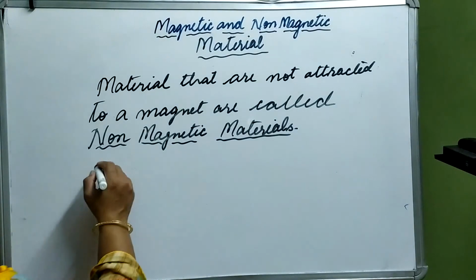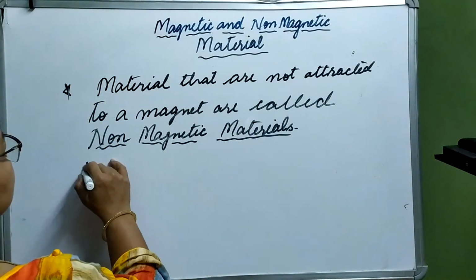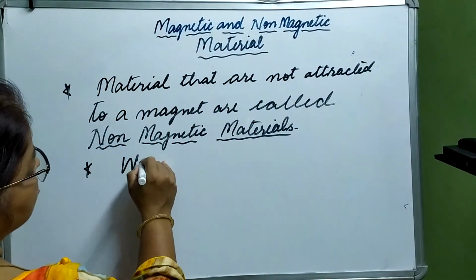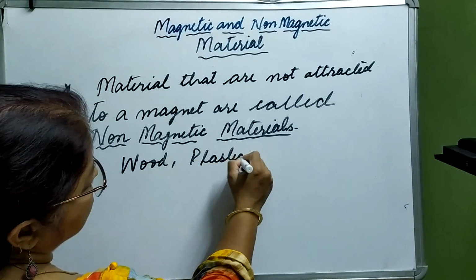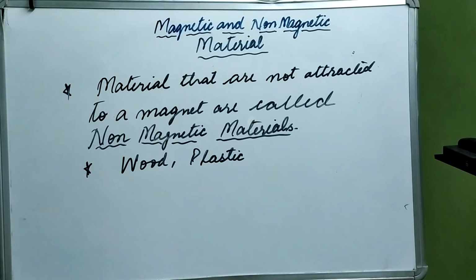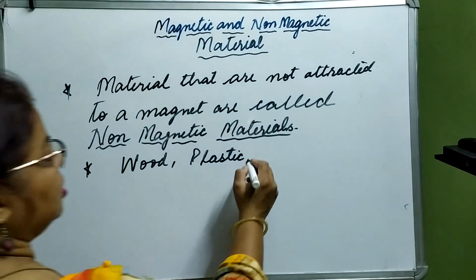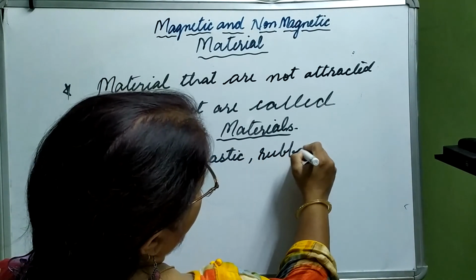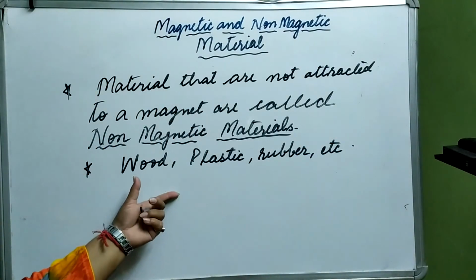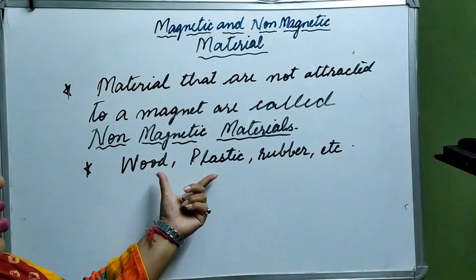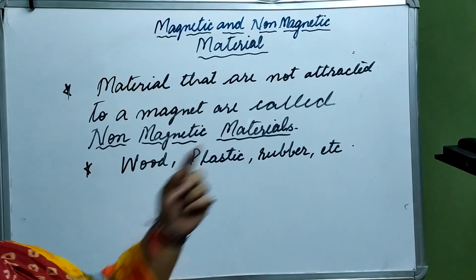Now some examples: wood, plastic, or some other substances like rubber, etc. They won't get attracted towards the magnet, so they are examples of non-magnetic material.